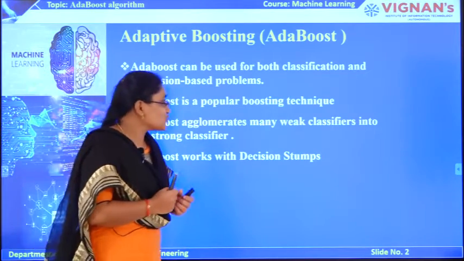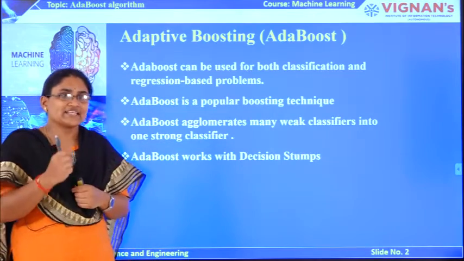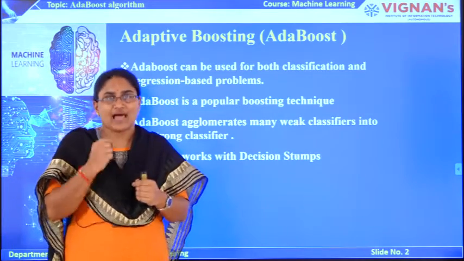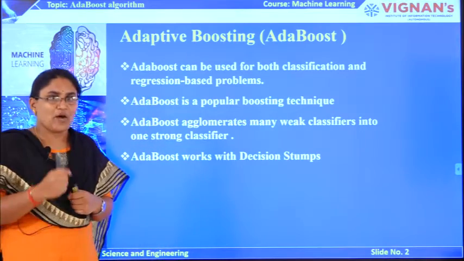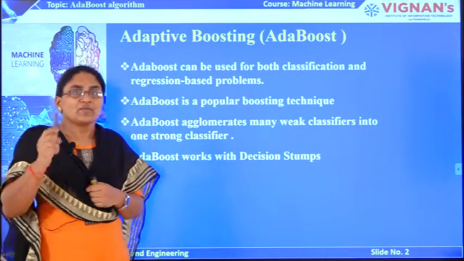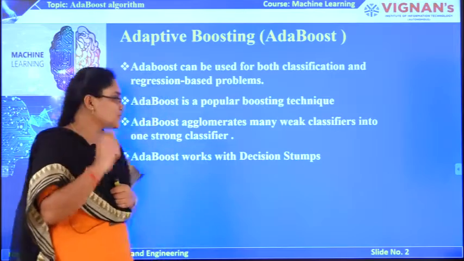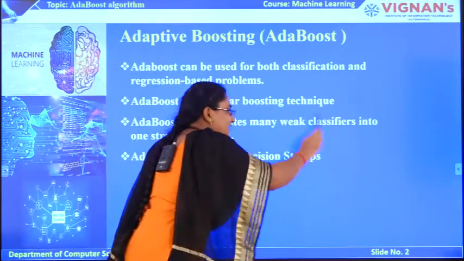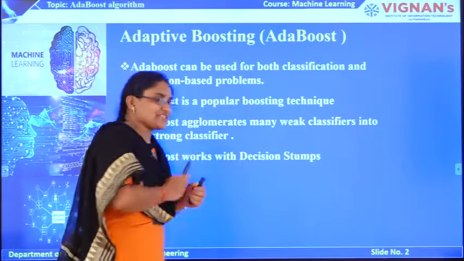As it is a supervised learning algorithm, it works on labeled data sets. AdaBoost is one of the popular ensemble boosting algorithms. As it is a boosting algorithm, it is used for combining multiple weak classifiers into one strong classifier.